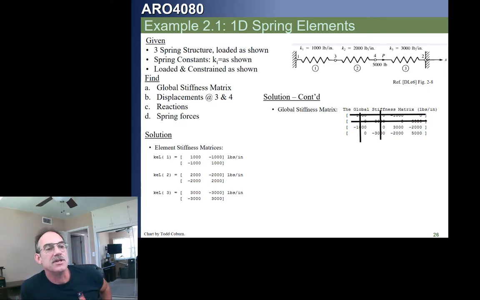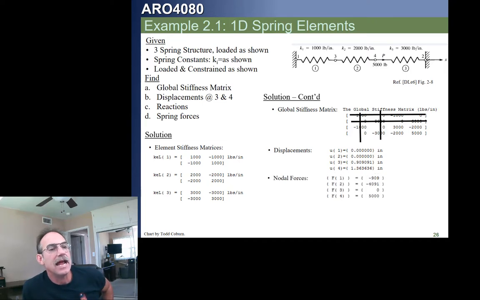Right? Because 1 and 2 are 0. Now we can take the reduced matrix, which is this piece along with the global displacements. These two are 0. That's going to give us these two guys. We can then plug those in with our total global stiffness matrix to get the forces, the two forces that we don't know. Right? And then that's the two forces we don't know.